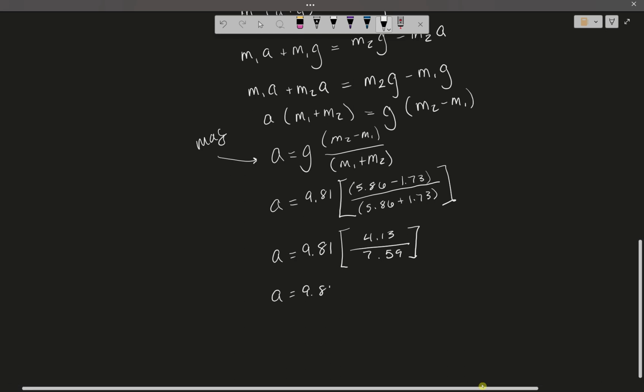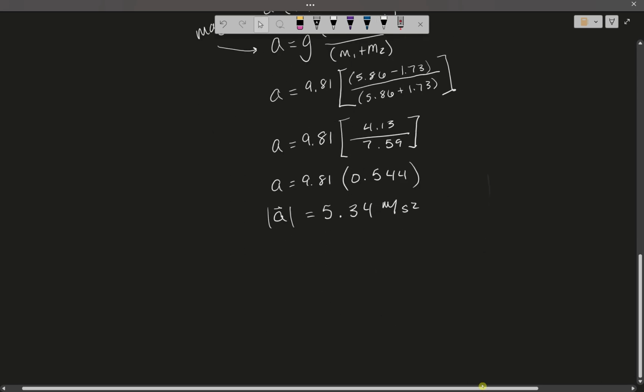So 9.81 times 0.544, and this means that the magnitude of the acceleration is going to be 5.34 meters per second squared.